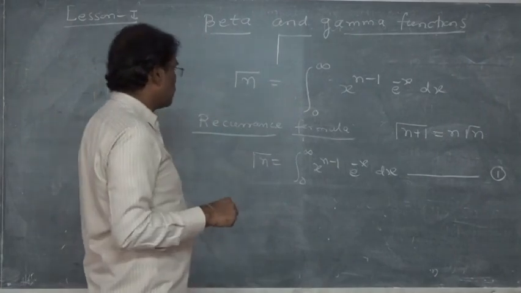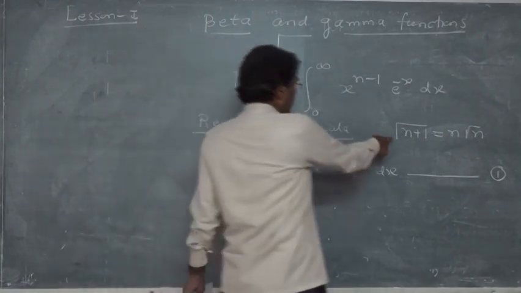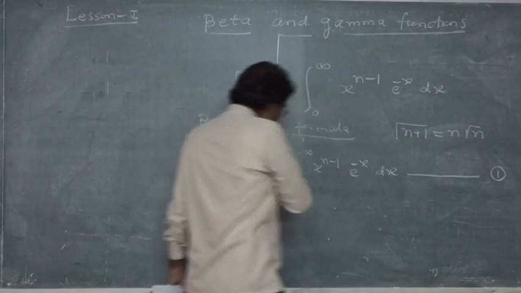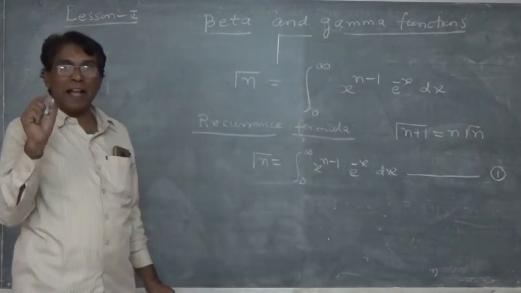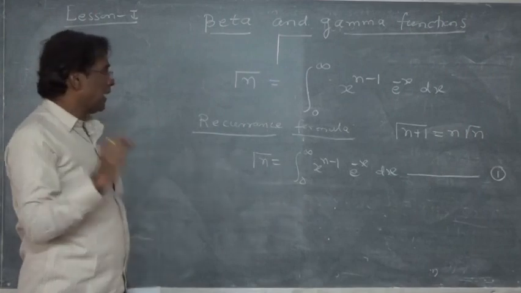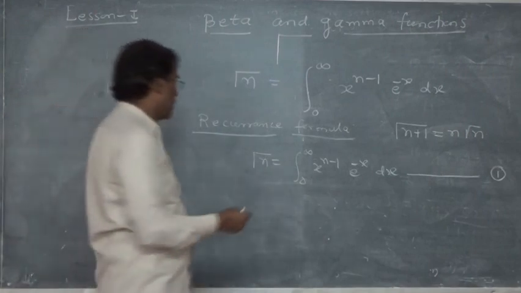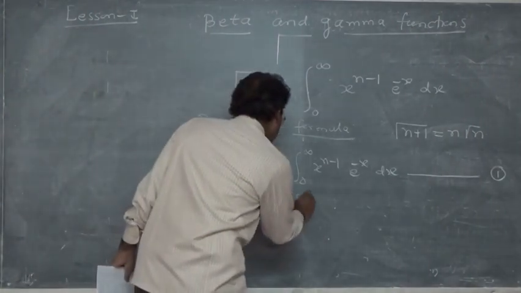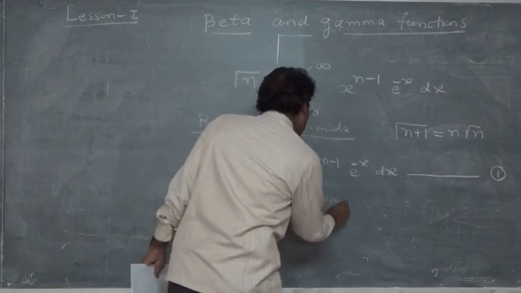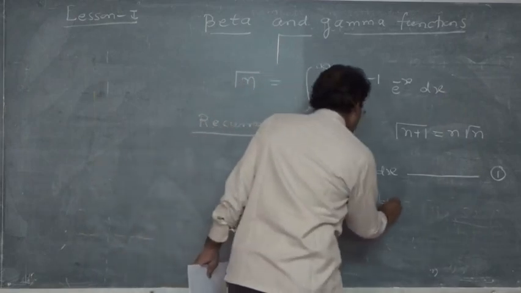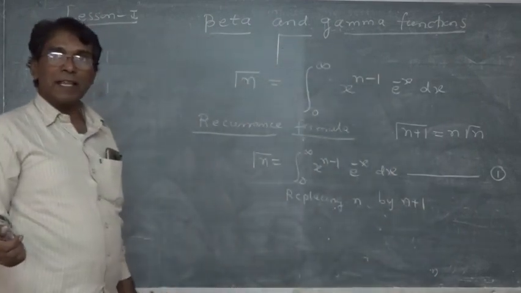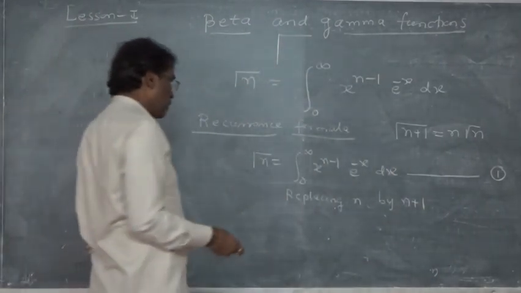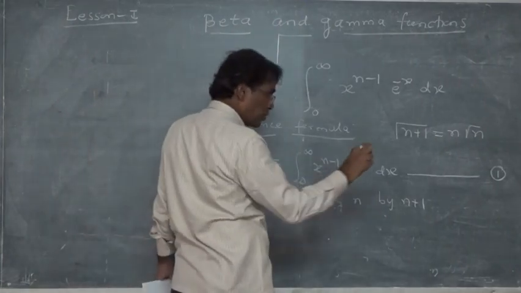Now I want n plus 1 in the LHS. So in the equation, wherever n is there, I will replace that n by n plus 1. Replacing n by n plus 1, wherever it is n, you put n plus 1.